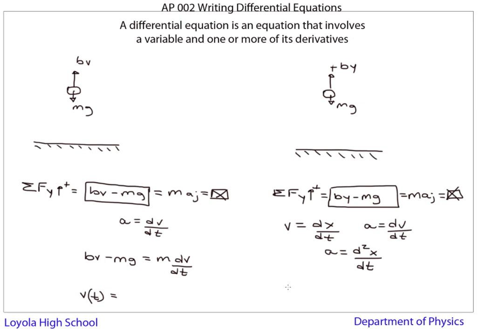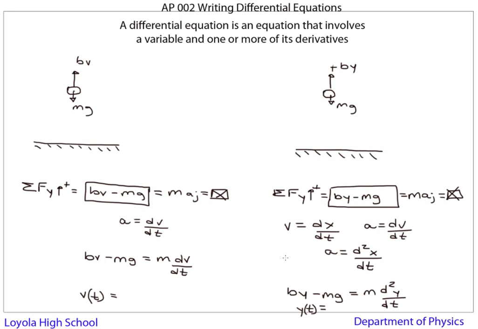So I can rewrite this as by minus mg equals m d squared y/dt squared. So here's an equation with a variable and its second derivative, another differential equation. And again, using techniques in calculus, you could solve for an equation of y as a function of time.